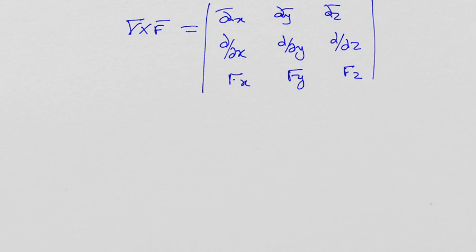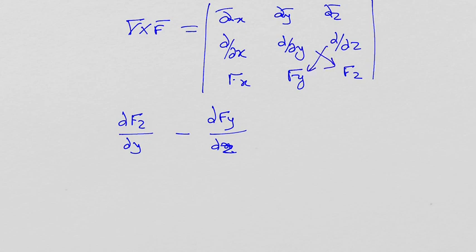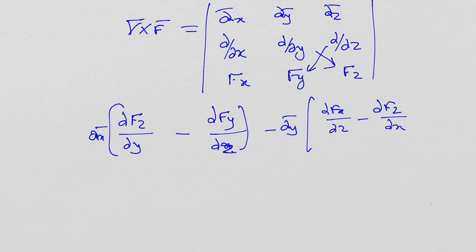So you can compute ax times the rate of change of Fz with respect to y minus rate of change of Fy with respect to z, minus ay multiplied by rate of change of Fx with respect to z minus rate of change of Fz with respect to x.